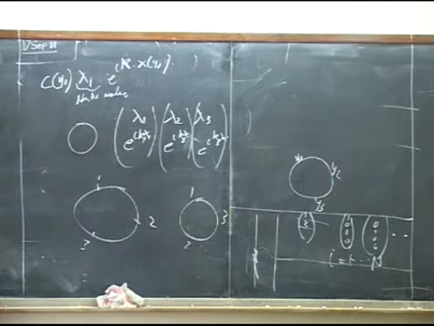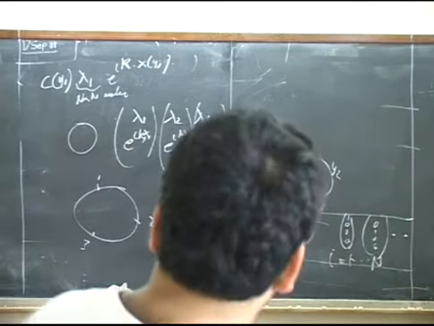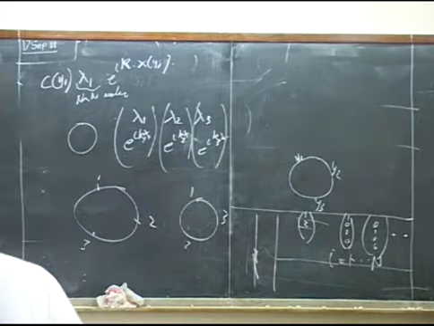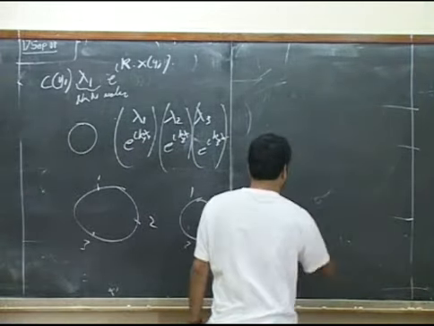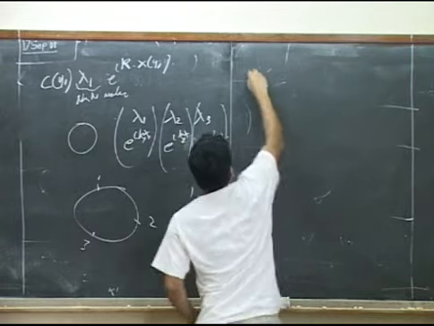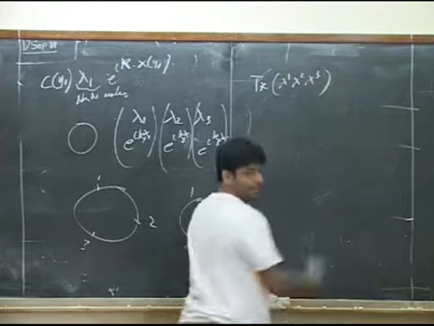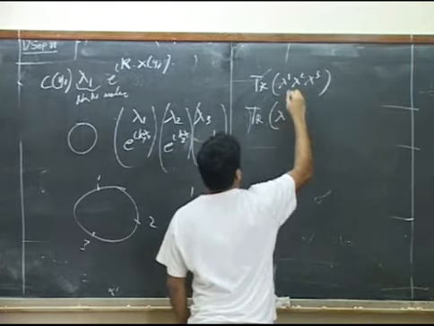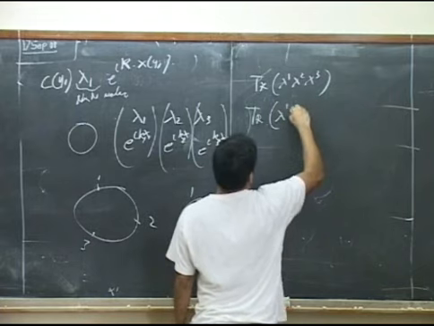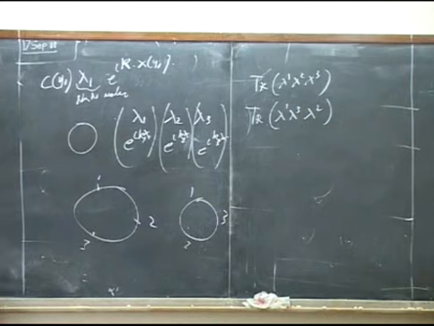These two different cyclic orderings don't give us equal contributions from the lambdas, because one of them gives us the trace of lambda 1, lambda 2, lambda 3, and the second one gives us the trace of lambda 1, lambda 3, lambda 2. And these are not the same.